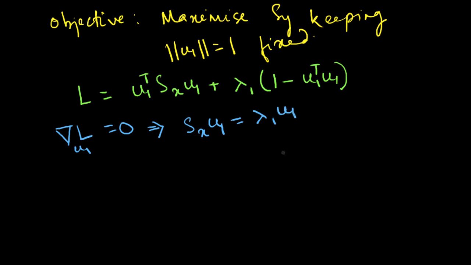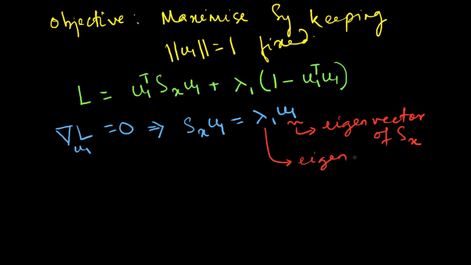If you remember, this is clearly the eigenvector-eigenvalue kind of equation. So here u1 represents the eigenvector of Sx and lambda 1 represents the eigenvalue of Sx.